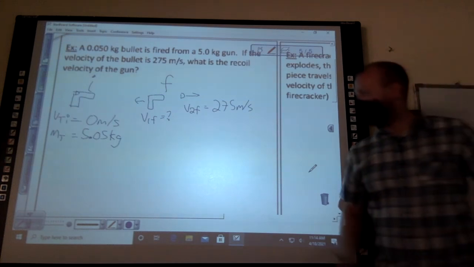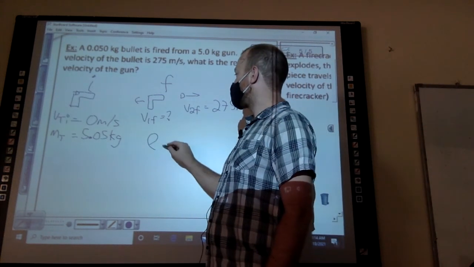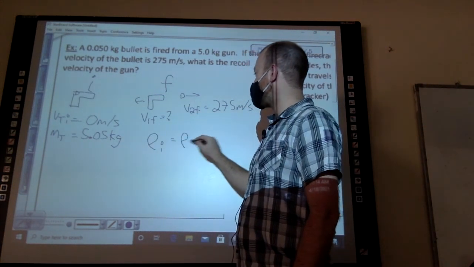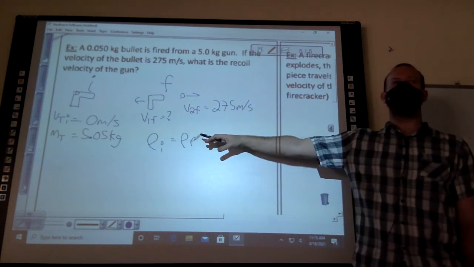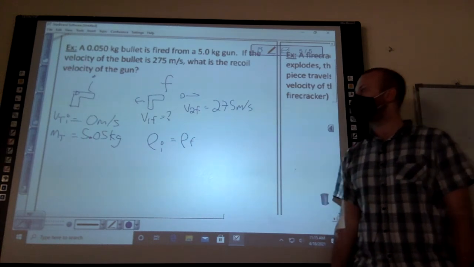So in this case, because we've got an explosion, still momentum initial equals momentum final. That's not going to change. This is worth a mark, by the way. If you just simply put this on a conservation of momentum problem, then you're good.